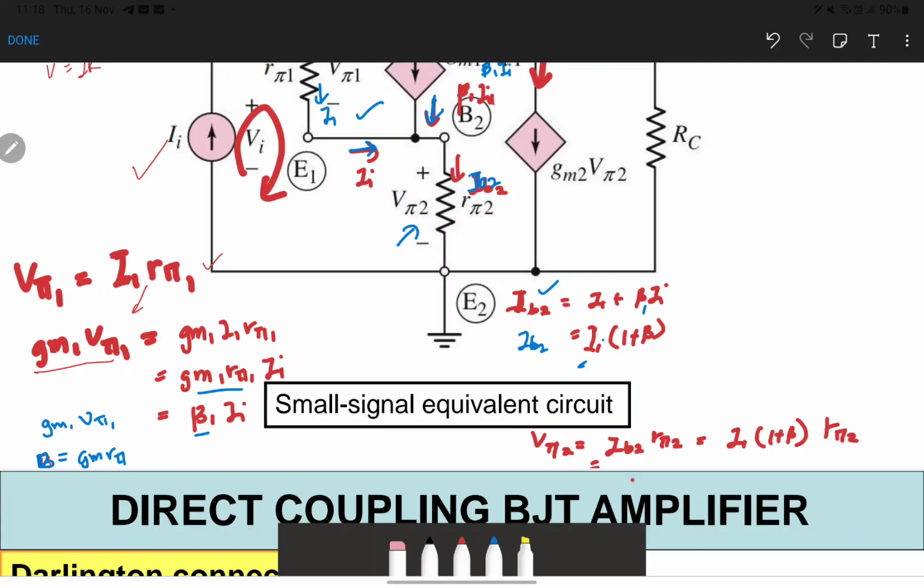At the same point, the current entering the R pi 2 produces V pi 2. So we can say that V pi 2 is equal to IB2 times R pi 2, where V pi 2 is equal to I in 1 plus beta times R pi.